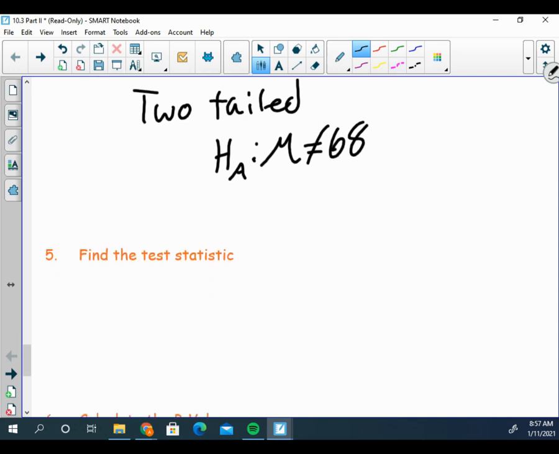Now we jump to finding the test statistic. Again, in 10.2, we would go ahead and find the cutoff areas, but since we're finding the p-value, we don't need to do that. We're just looking at the test statistic.